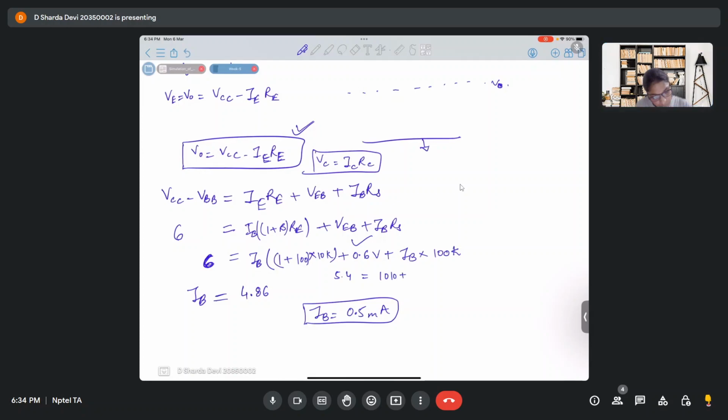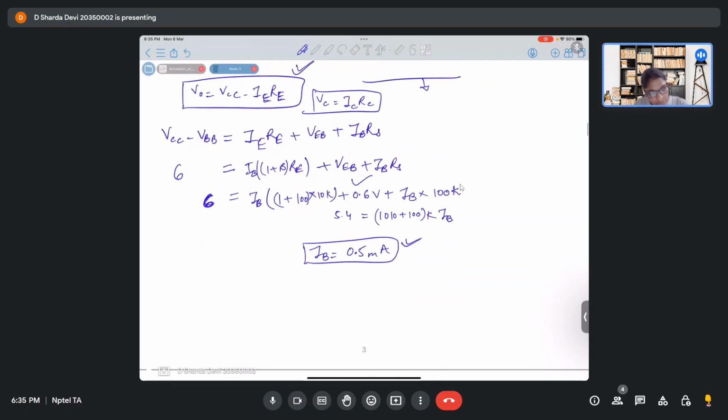You're getting 0.5, right? Yeah, so it's 0.5 milliamperes. So the moment IB is 0.5 milliamperes, what will be the value of V0?